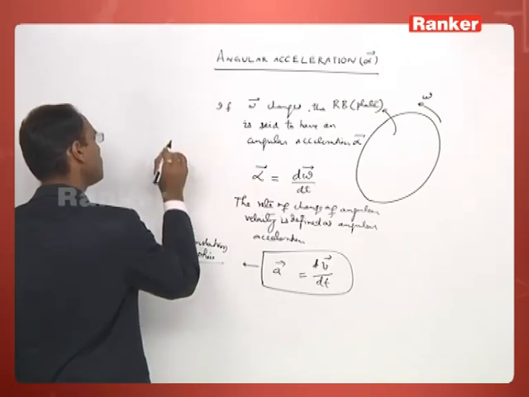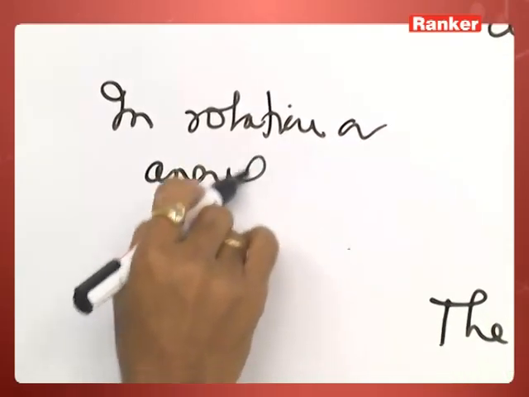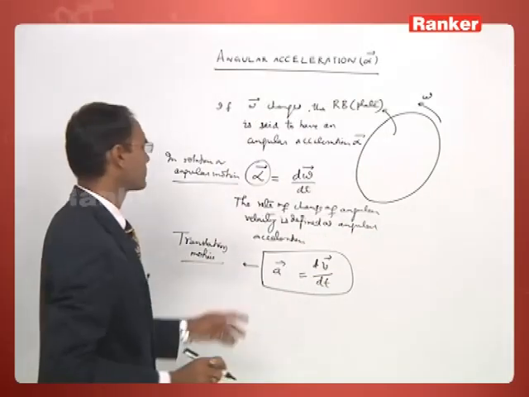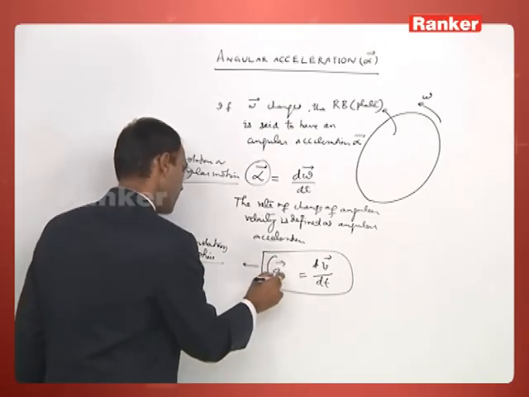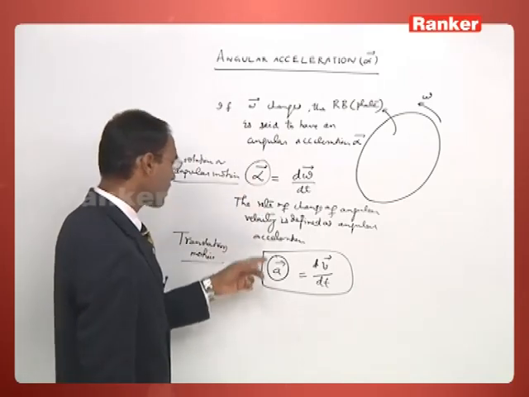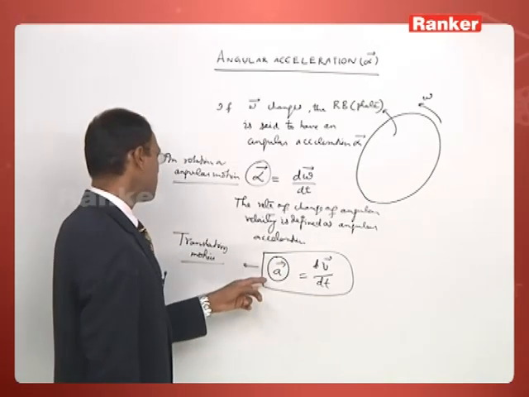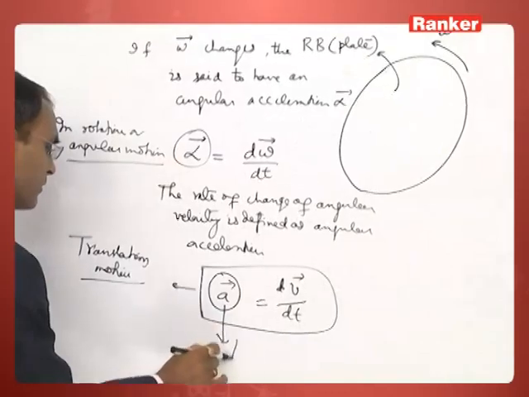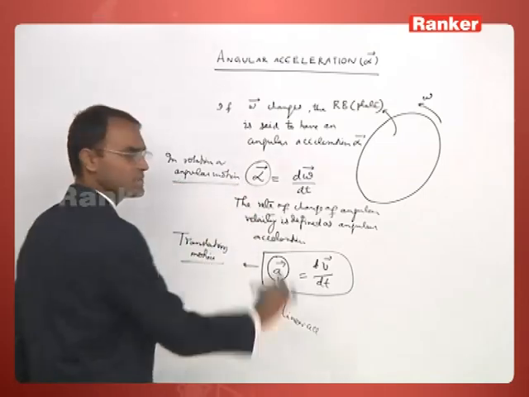and in rotary motion or rotation or angular motion, this angular quantity called angular acceleration can be made analogous to the acceleration we are using in translation. Therefore, it is called linear acceleration, and this is called angular acceleration.